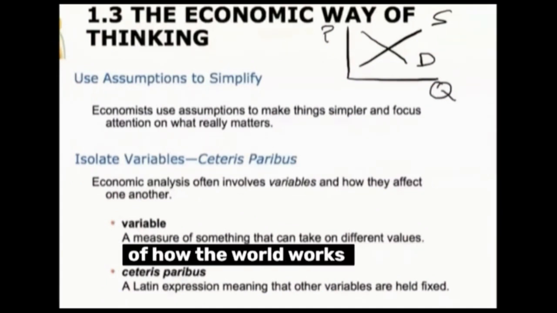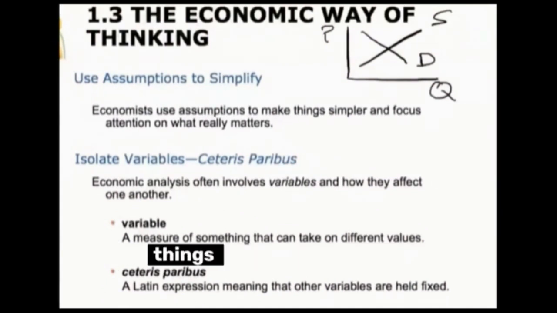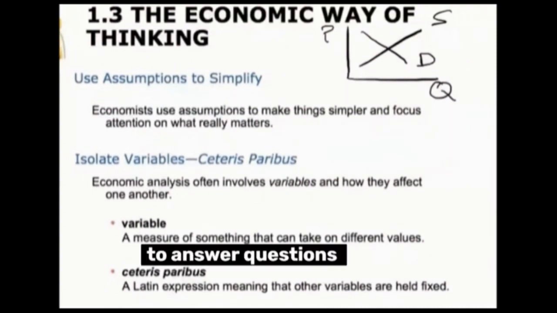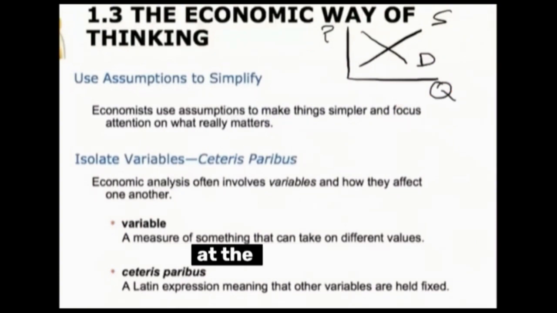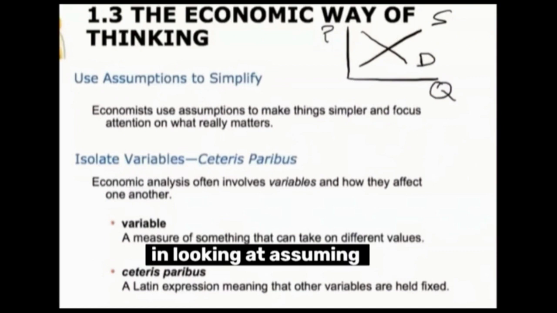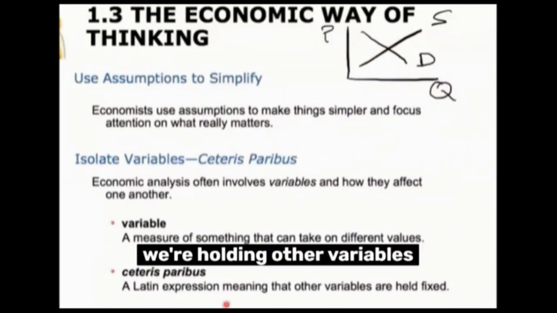Now, this is an oversimplification of how the world works, because in reality, all kinds of things happen at the same time. But it makes it very hard to answer questions if we're trying to look at how everything in the world changes all at the same time. So we're going to isolate the variables that we're interested in, assuming that we're holding other variables constant.